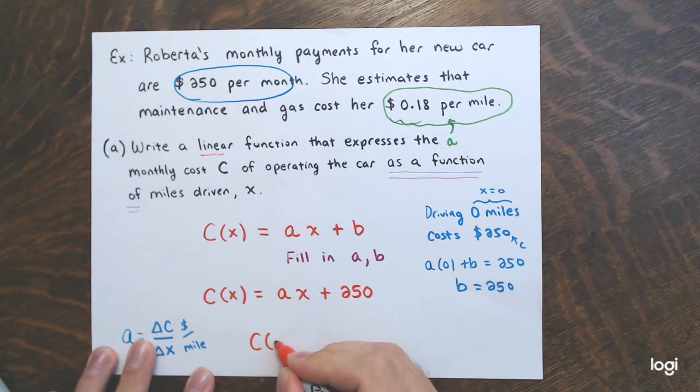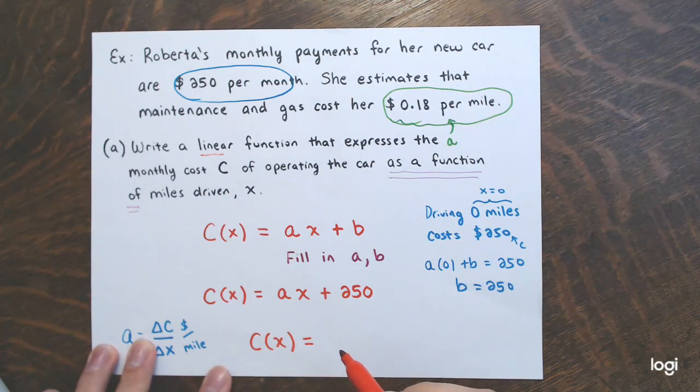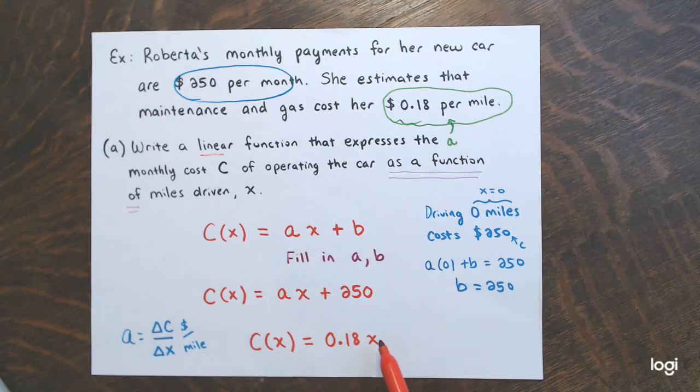So the cost of driving X miles in a month is the 0.18, right? It costs me 18 cents per mile, or $0.18 per mile, and then I multiply that by the number of miles driven. The miles units, you'd have miles in the numerator with the X, and miles in the denominator with the A, and miles would cancel and I'd be left with dollars.